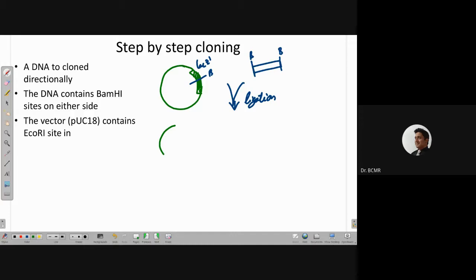And then there is always a possibility of vector-vector religation, right? That is BamHI. I'll just put it as VV. There is also a possibility of, yes, let me put it, where we get the recombinant.